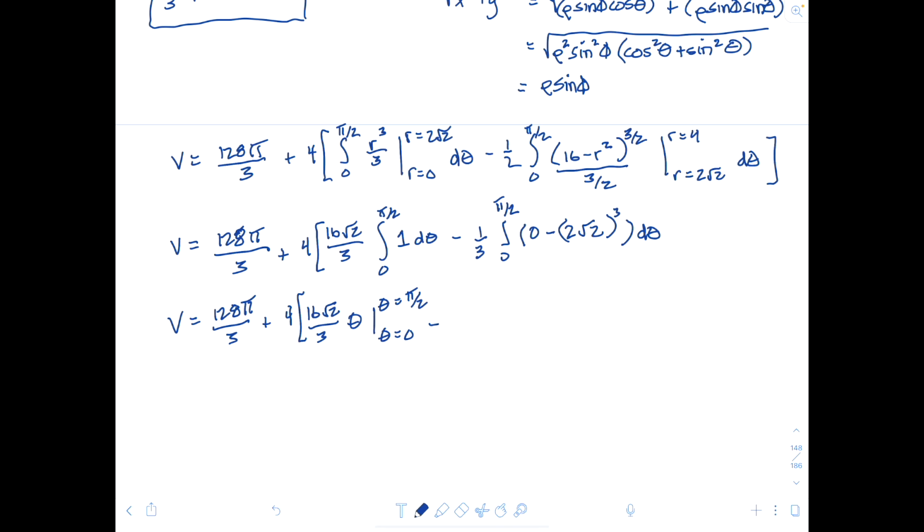And then minus, minus will be plus, and this one will end up being 16 root 2. So we'll have 16 root 2 over 3 times theta, from theta is 0 to theta is pi over 2.